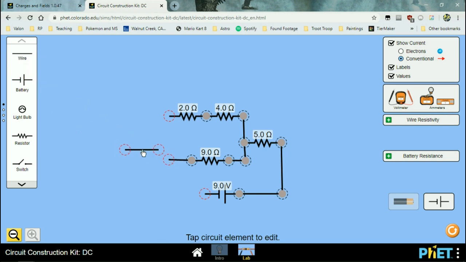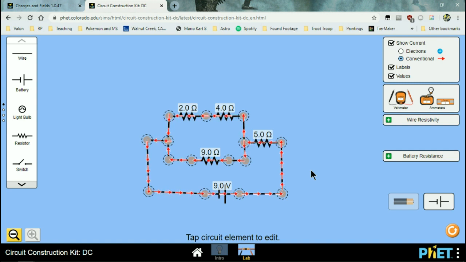Then we connect these, and there we go. Okay, so we've got a circuit.